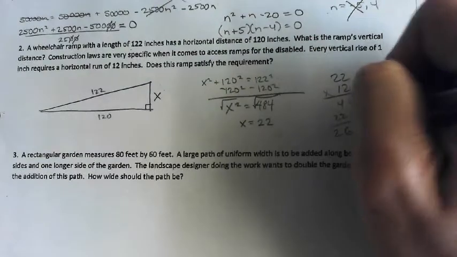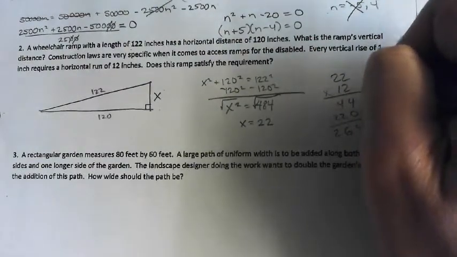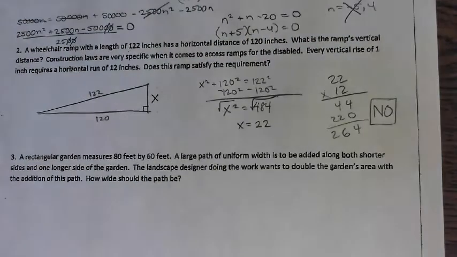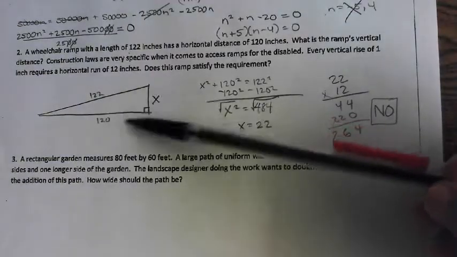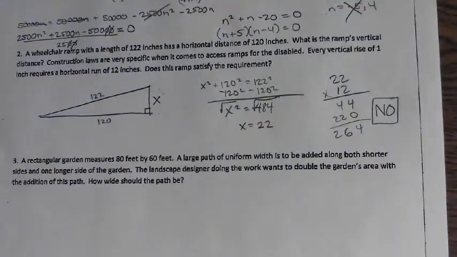No. I wonder if that's accurate. Oh, this is inches. I was thinking it was 120 feet. With a 22-inch rise. So no, this ramp's no good. It's too steep. Any questions?